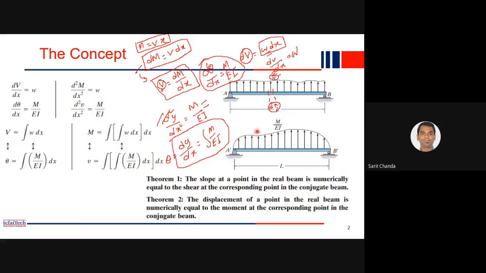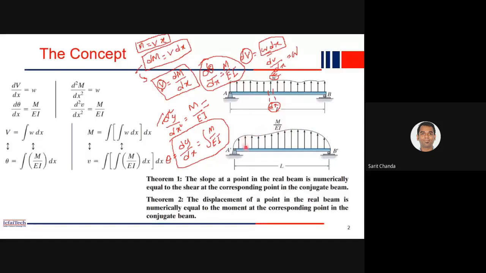In other words, this is a real original beam, and we can draw a similar imaginary beam. If in the real beam a UDL w is acting, then in the imaginary beam the UDL acting is M by EI. From the similarity between these two equations we have drawn this imaginary beam.